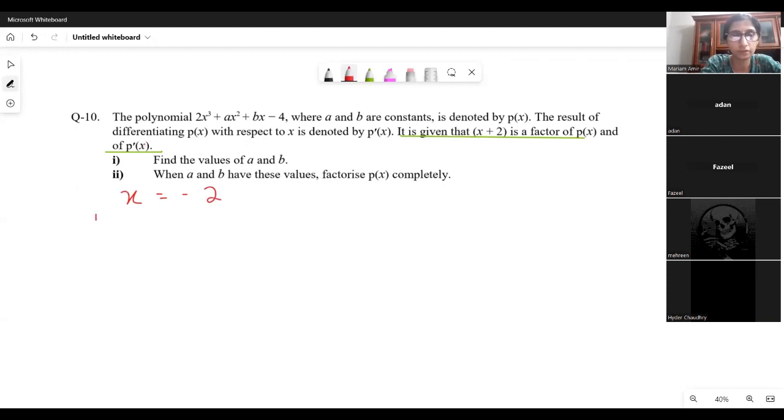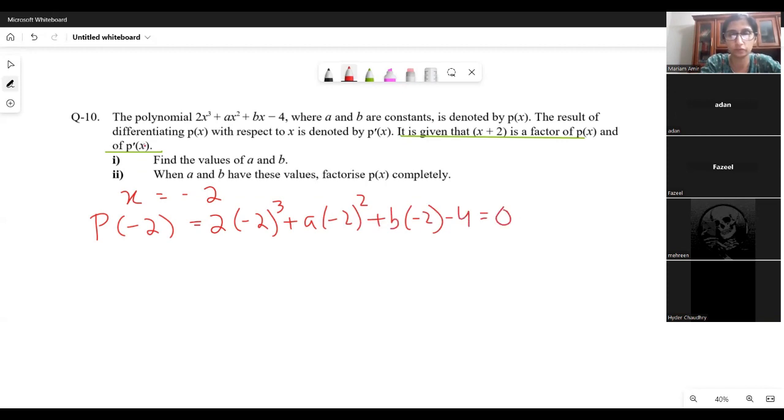So x plus 2 is also a factor of p(x), so p(-2) should be equal to 0. So 2 into (-2) whole cube plus a into (-2) whole square plus b into -2 minus 4, this should be equal to 0.